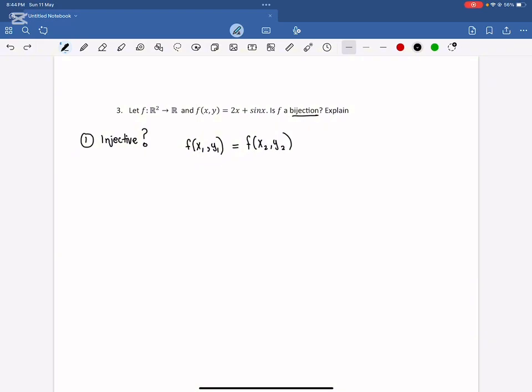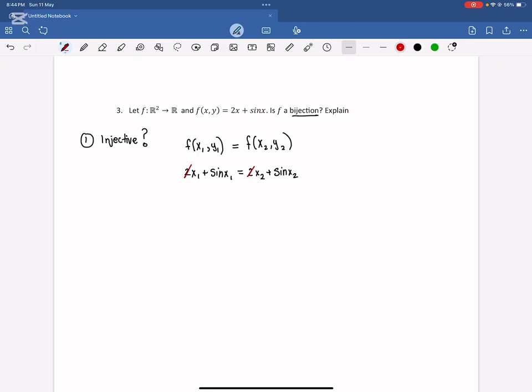Okay, so 2x1 plus sine x1 equals 2x2 plus sine x2. Okay, so if I want to simplify, these will cancel.